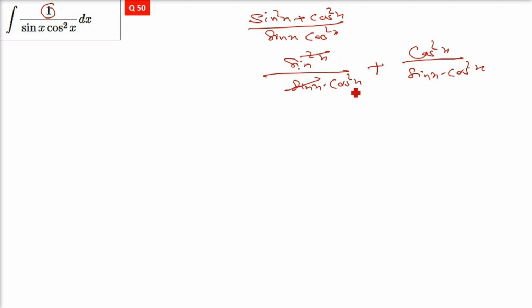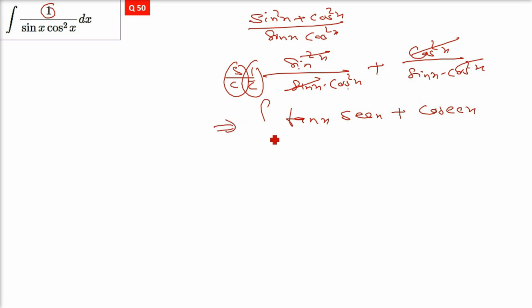This is sin by cos square. So you can write it as sin x by cos x into 1 by cos x. Sin x by cos x is tan x, and 1 by cos x is sec x. So we have a term which has a direct integration. First term we have got. Now what do you get here? You can just cancel this cos square, and we have 1 by sin x. When sin x goes up, it will form cosec x.